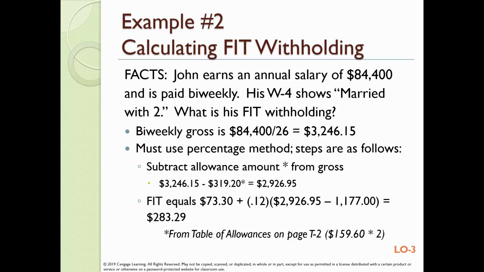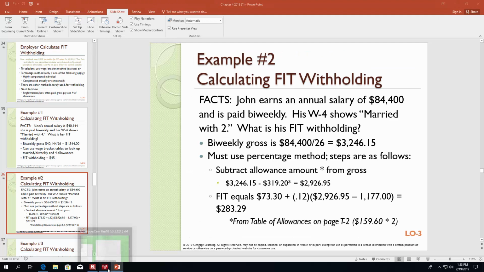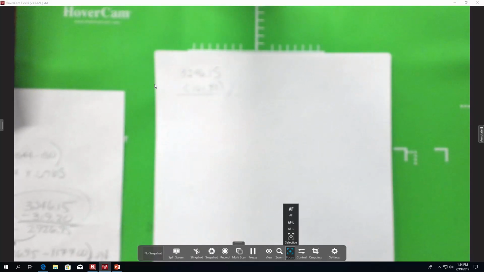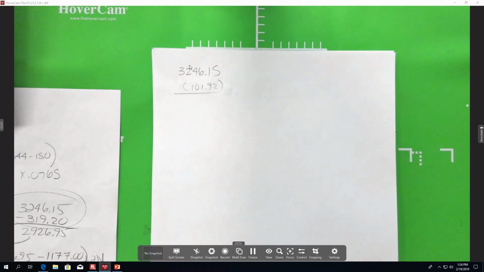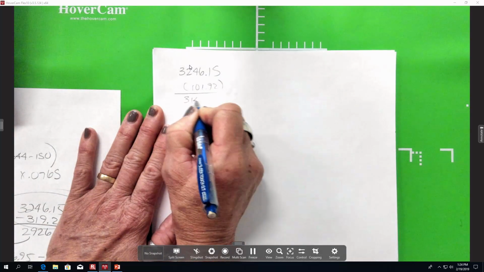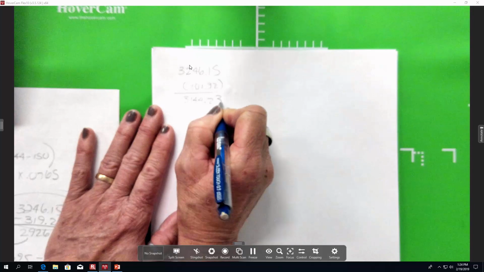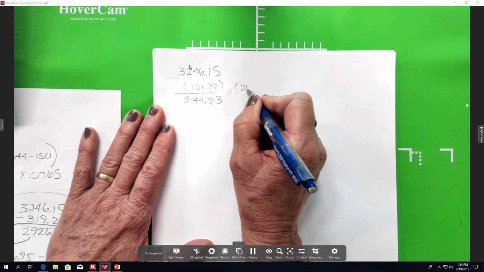So did you guys get 101.92 for the flex? So first you have to subtract the flex, which is the maximum amount per year.